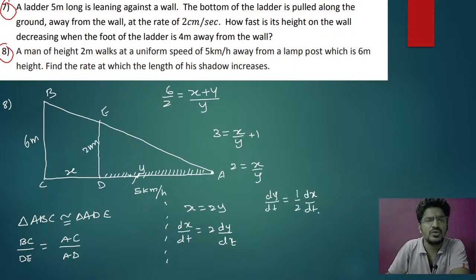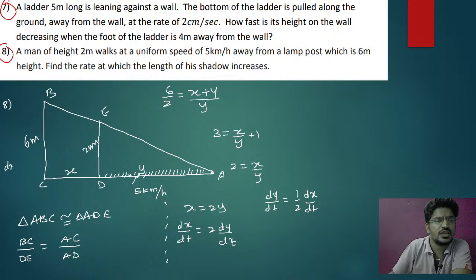They have given that he is walking at 5 kilometers per hour, so dx by dt is going to be equal to 5.